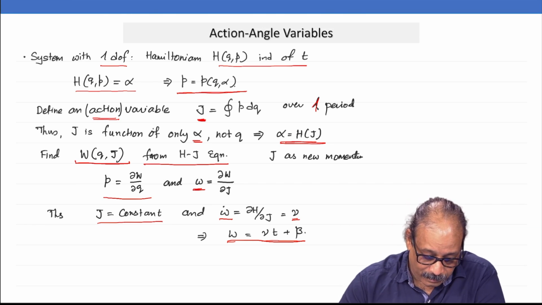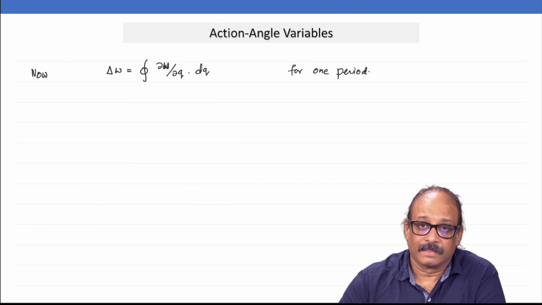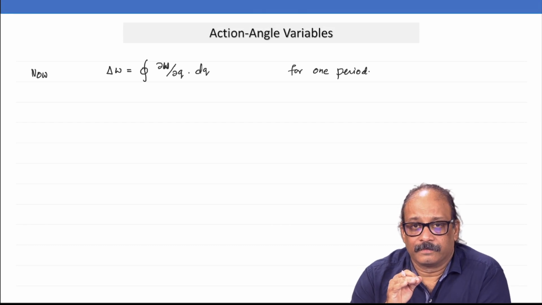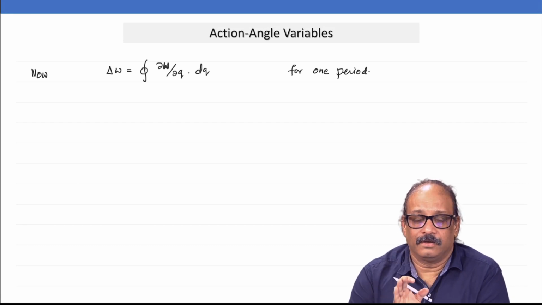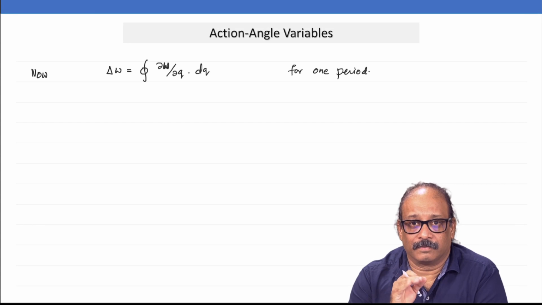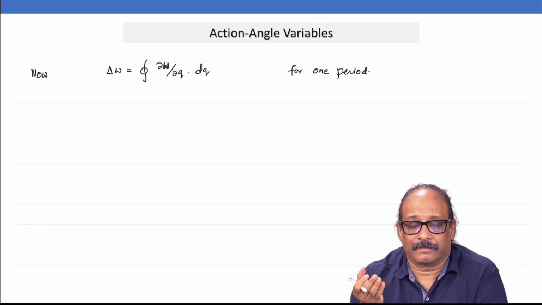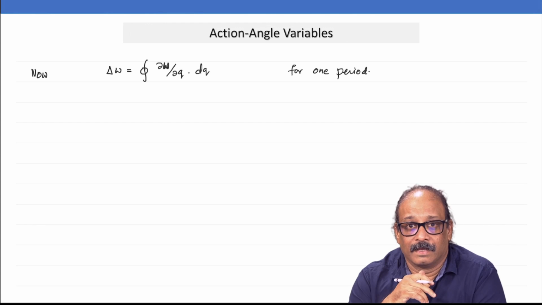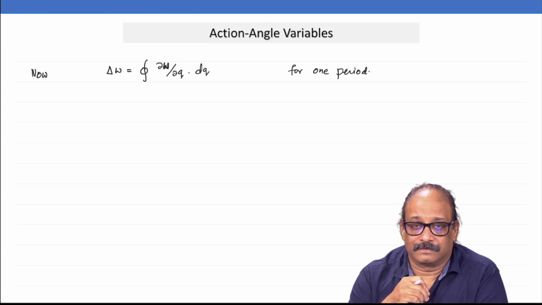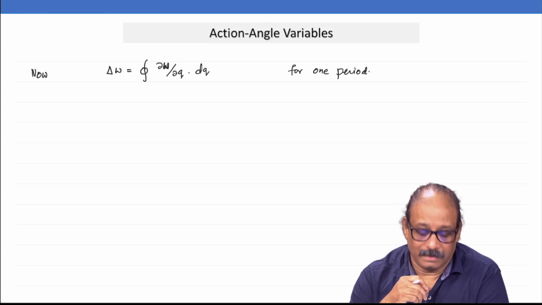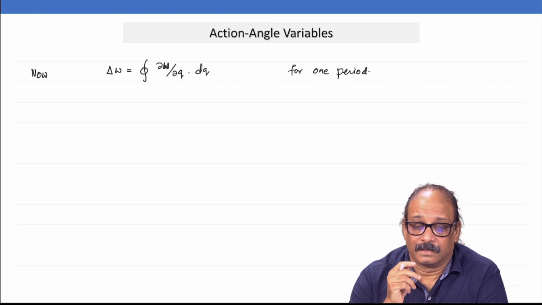Okay. Now, what can we do with this? As of now, I have not done anything new apart from the Hamilton-Jacobi procedure. I have just managed to find a new coordinate and new momentum such that the new coordinate is cyclic, which is what we did earlier too. But the advantage of this is in fact seen if you look at the W variable more carefully.